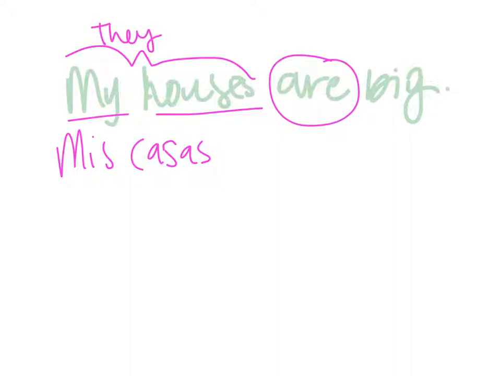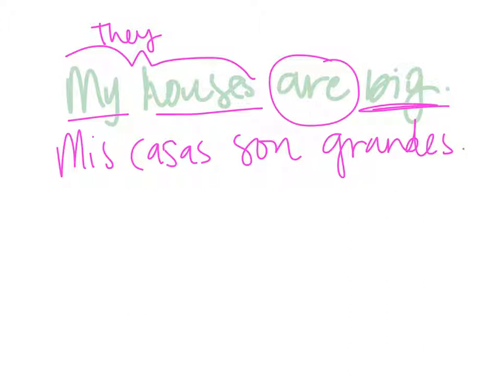Okay, so instead of es, I'm going to have son. And then this adjective is also going to agree. So it's going to be grandes. Okay, so that's the difference. Before you had mi casa es grande, and now you have mis casas son grandes.